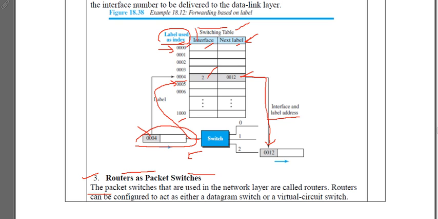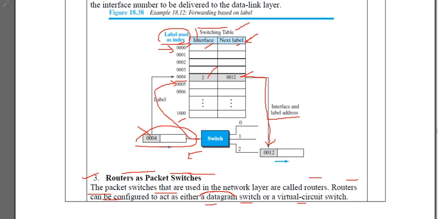And the third type will be the router as a packet switch. So the packet switches that are used in a network layer are called routers. Routers can be configured to act as either a datagram switch or a virtual circuit switch. Okay, तो router as a packet switch, तो इसमें routers का use होता है for sending the packet as switches.